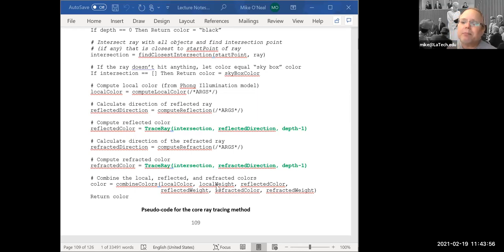So again, this is not optimized in any way. This is just the core algorithm. But in reality, you probably wouldn't want to waste all that work if you're going to end up multiplying it times 0.